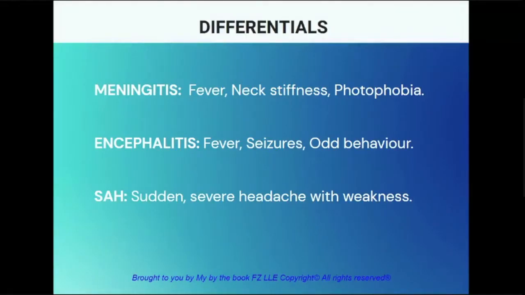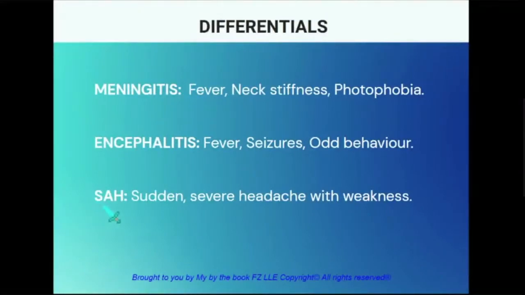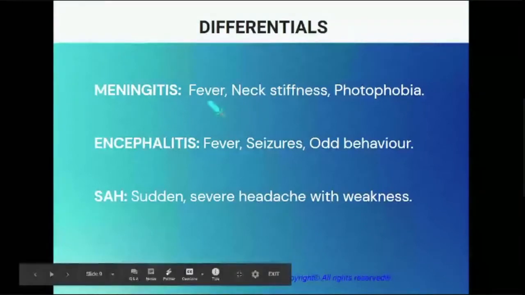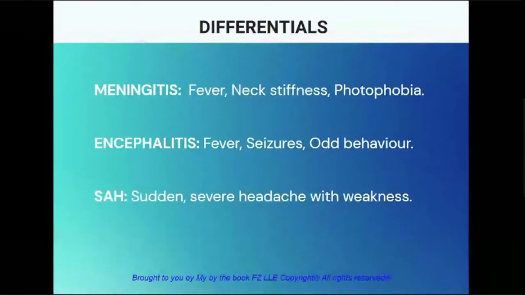Now, if you see these three conditions, meningitis, encephalitis, and subarachnoid hemorrhage, all three of them more or less present with the same symptoms, that is fever, pain in the body, sensitivity to light, decreasing consciousness scale score, and focal neurological deficit. These three conditions present more or less the same way.